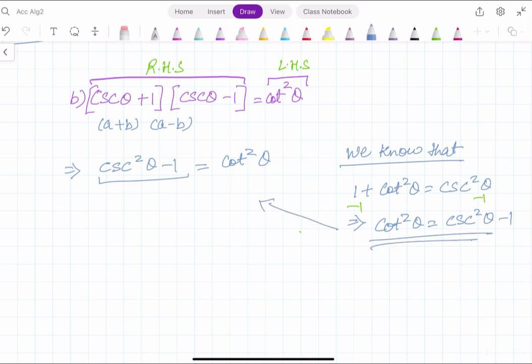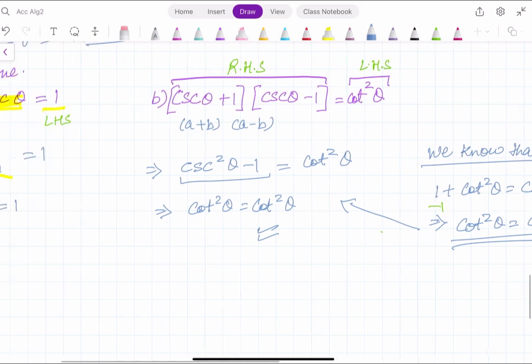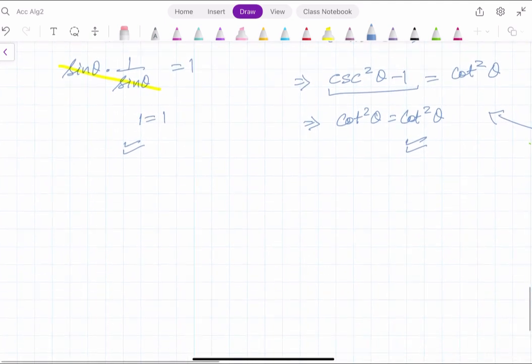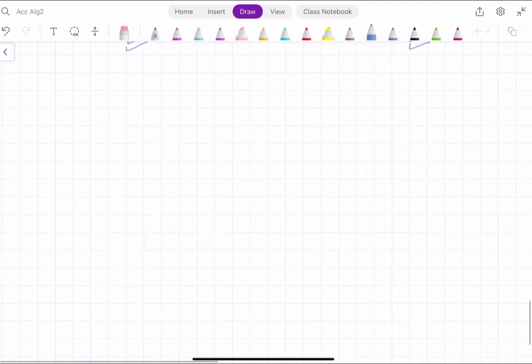So I can replace it with cot squared theta, and that matches with the other side. So hence we proved that the left hand side is equal to the right hand side, right? Okie dokie.